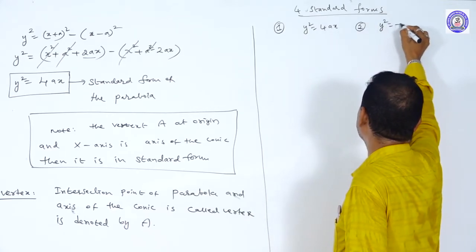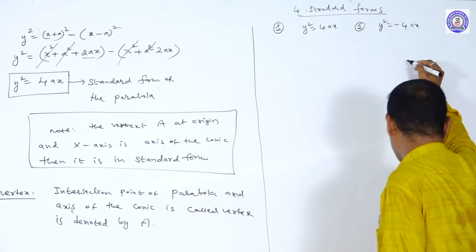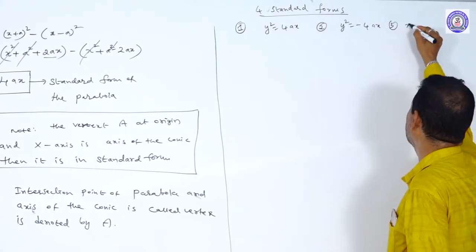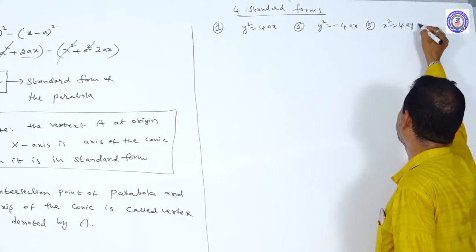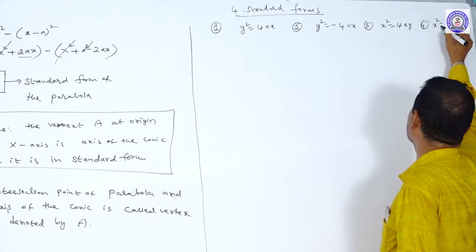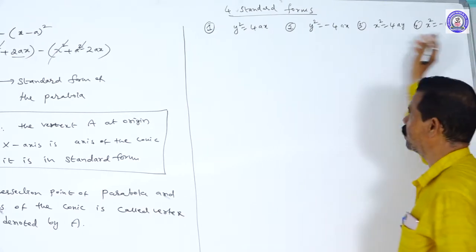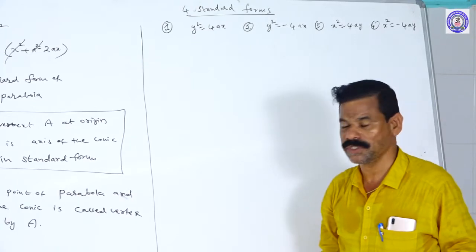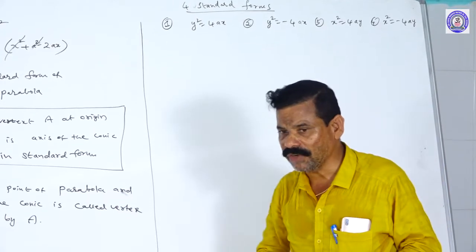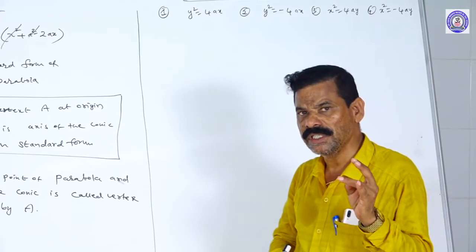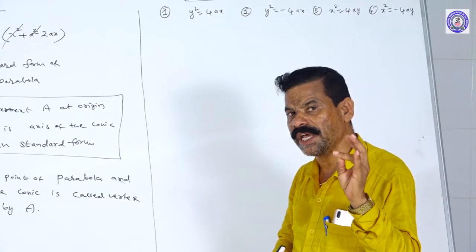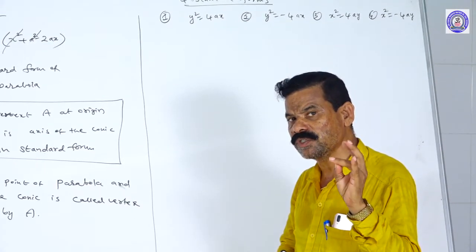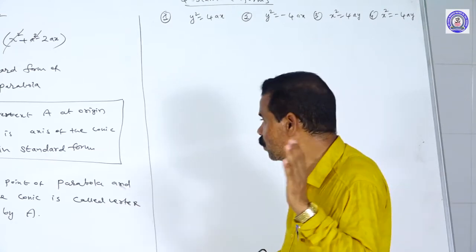Second, y square is equal to minus 4ax. Third, x square is equal to 4ay. And fourth, x square is equal to minus 4ay. These are all standard forms. For these standard forms, what are the vertex, focus, directrix and conic axis?